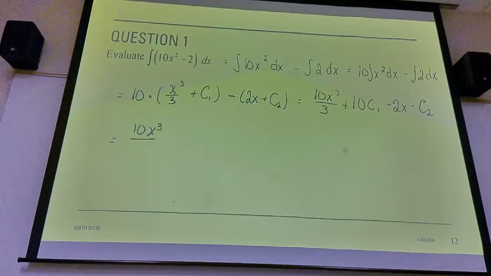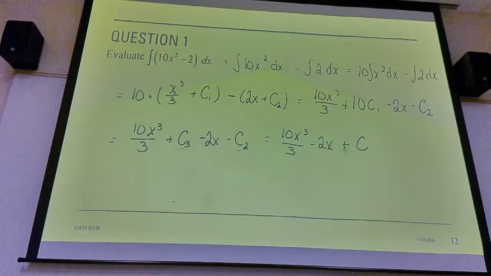Let's call it C3. What's a constant minus a constant? Call that new constant C. There's your antiderivative.